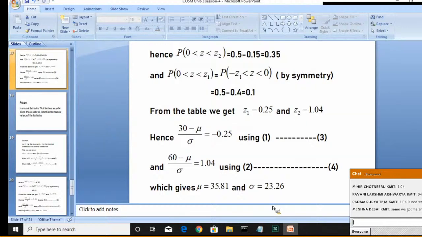Okay, both are same. 35.89 is what Aishwarya is telling. Okay, you got that, so my calculation may have gone a little wrong. Okay, you calculate it, no problem at all.